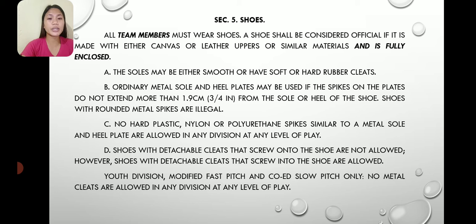However, shoes with detachable cleats that screw into the shoe are allowed in youth division, modified fast pitch, and slow pitch only. No metal cleats are allowed in any division of any level of play.